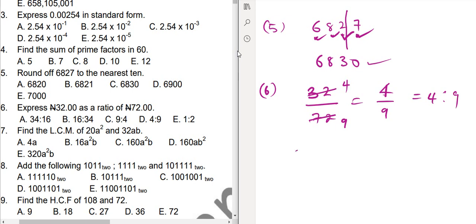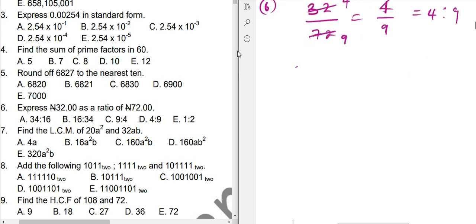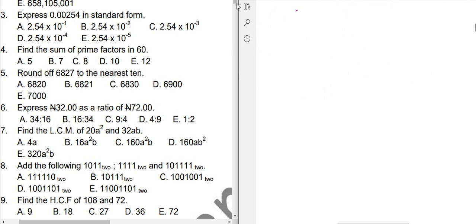Option D. Number 7. Find the LCM of 20A squared and 32AB. Okay. Let's start with the alphabets first, right? A is common.